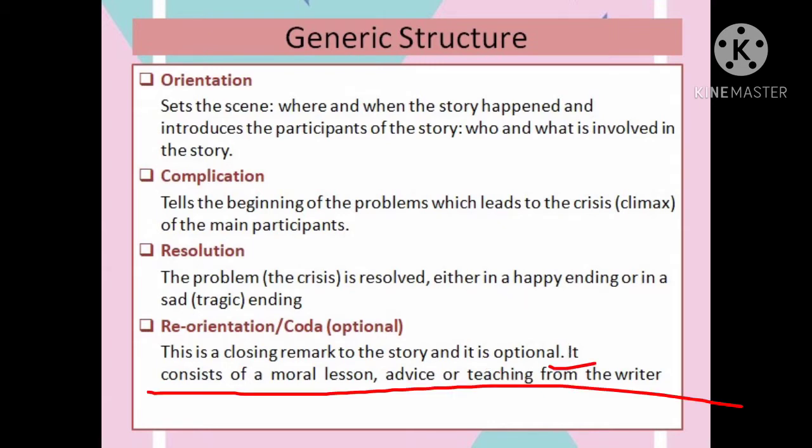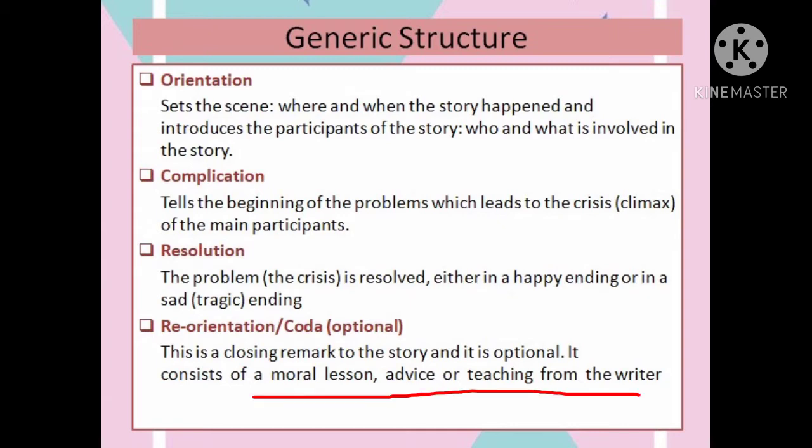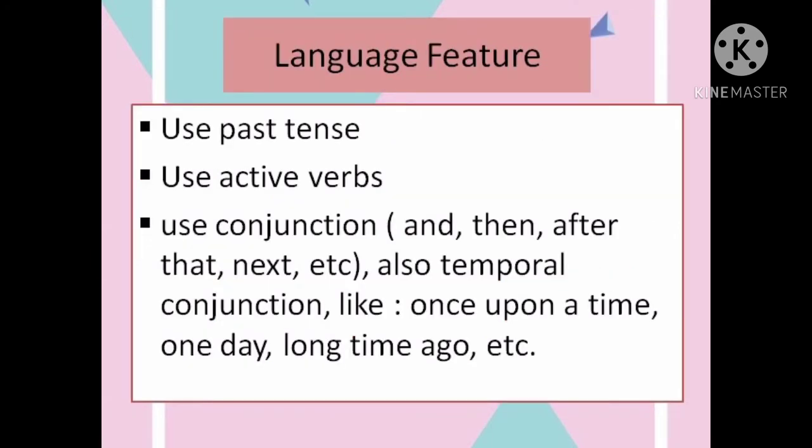It consists of a moral lesson, advice or teaching from the writer. Jadi isinya dari bagian reorientation adalah moral lesson, pelajaran moral, advice, nasihat from the writer, dari penulis cerita tersebut. That was the generic structure of narrative text.